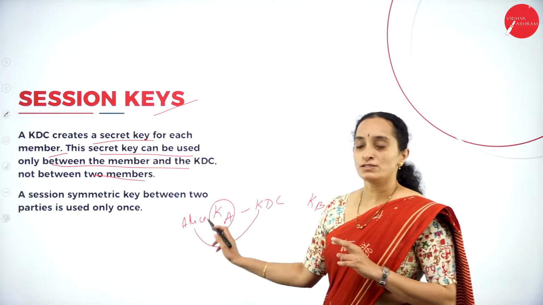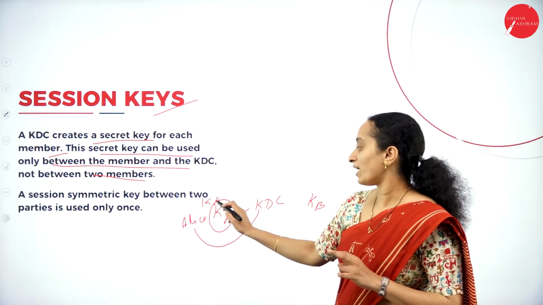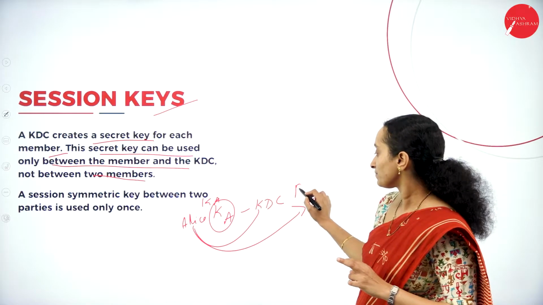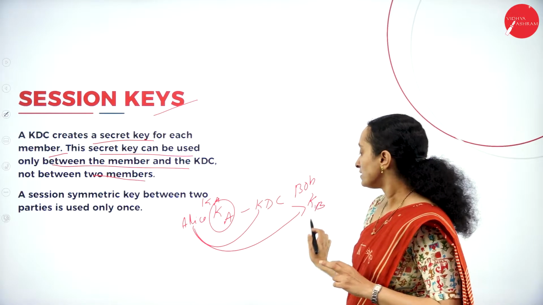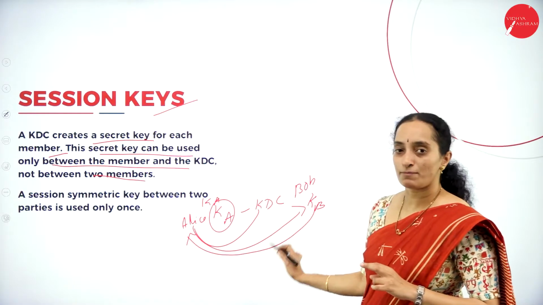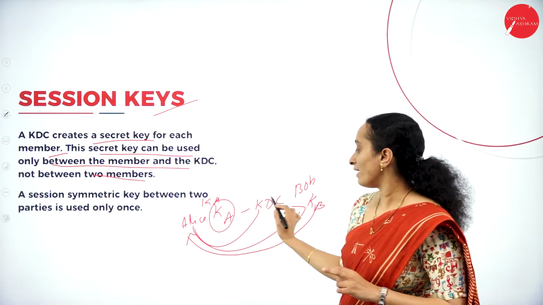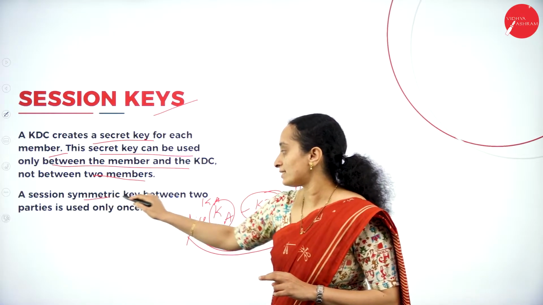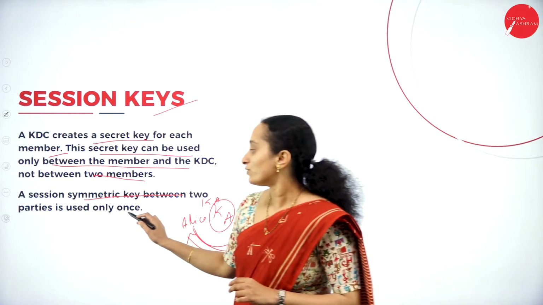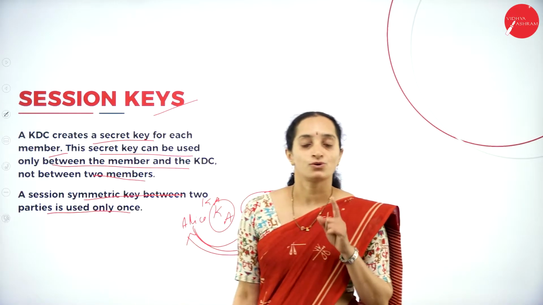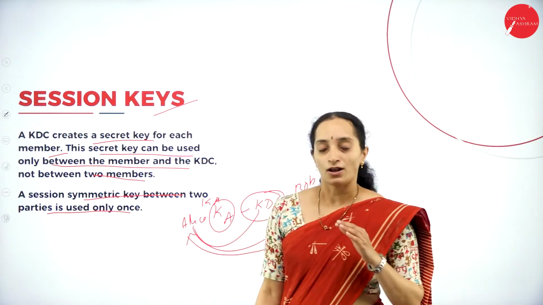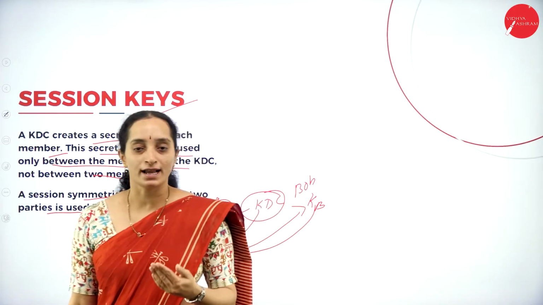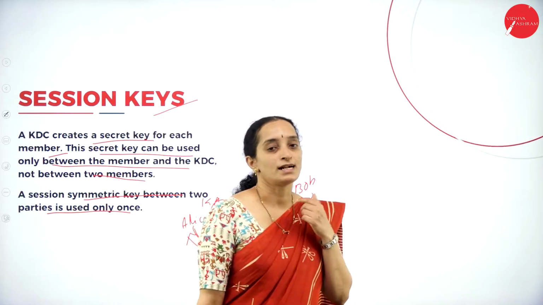So you cannot use the secret key between Alice and Bob, or she cannot use the secret key of Bob to communicate. They have to go through the KDC only. Okay, so a session symmetric key between two parties is used only once. Along with the secret key, there will be a session key. Every transaction is considered a session.